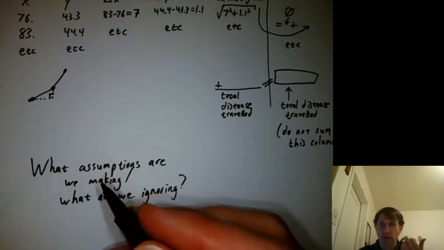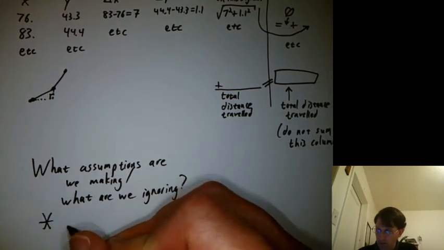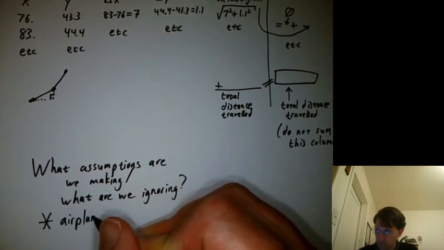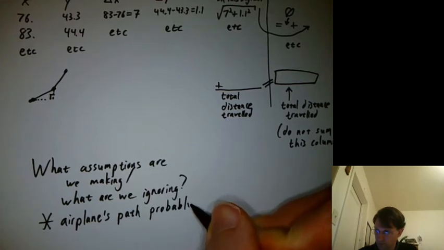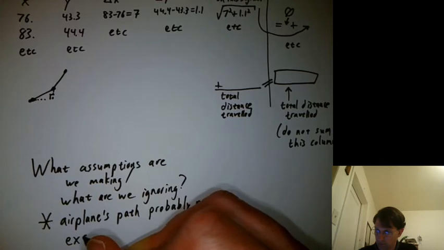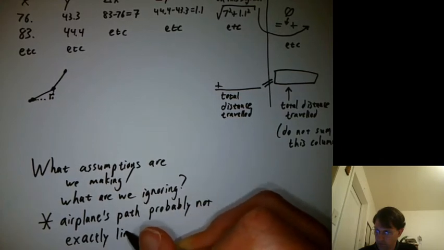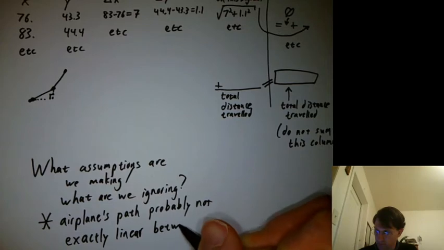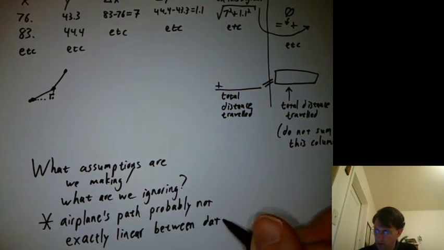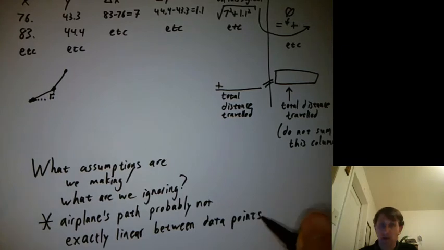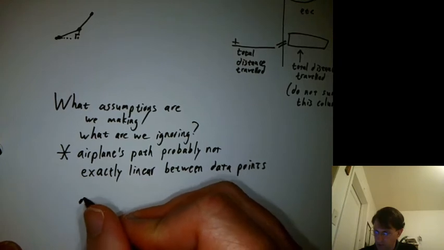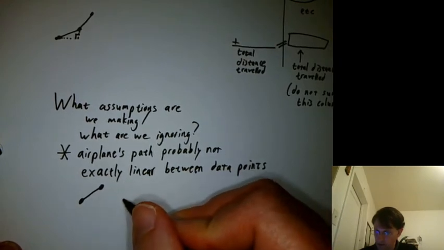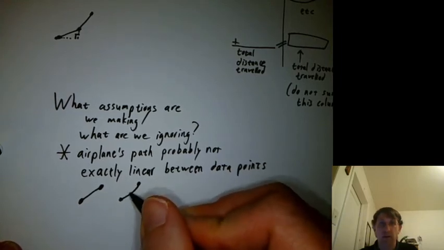It's probably at least a little bit curved. So between our data points, do you think that's a reasonable assumption? Well, we're imagining that it's straight lines. You could say, well, it probably curves a little bit. Can you tell that that's a little bit curved compared to that one?